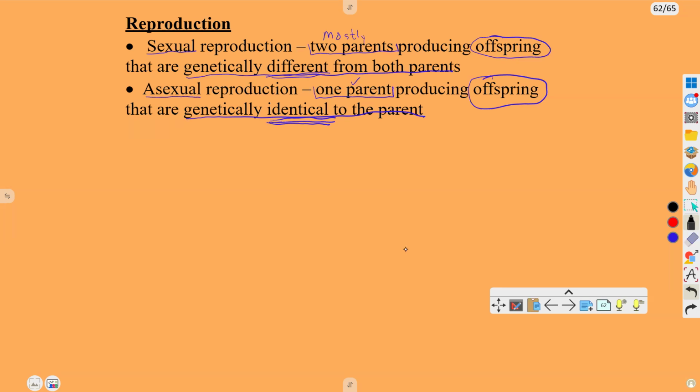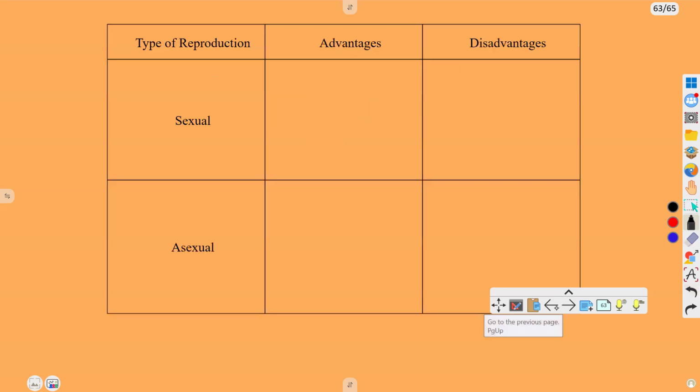So when we're talking about the difference between the two, it's not necessarily how many parents are involved, although most of the time it's two for sexual, one for asexual. But what's important now is that we expand and refine our definition to talk about how genetically similar they are. If they're genetically different to the parent or parents, it's sexual reproduction. If they're genetically identical, that would be asexual reproduction.